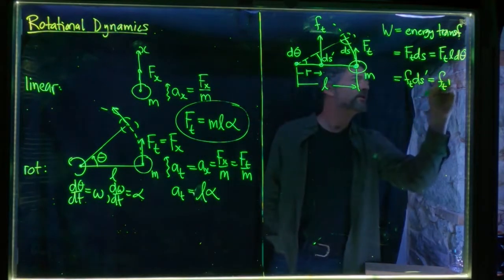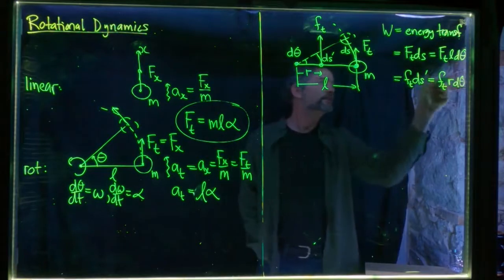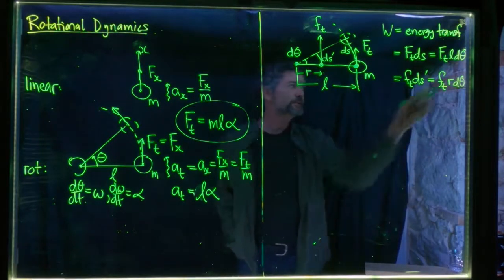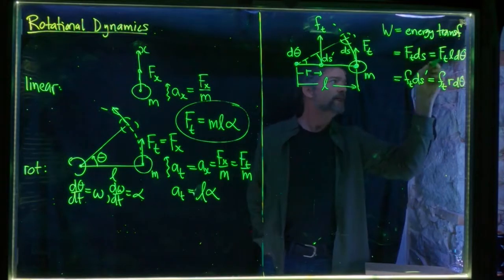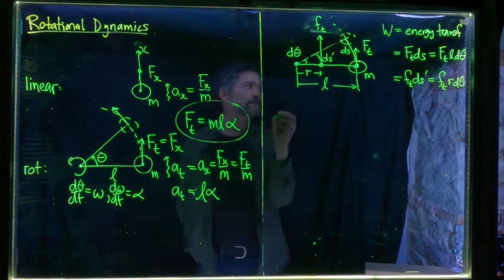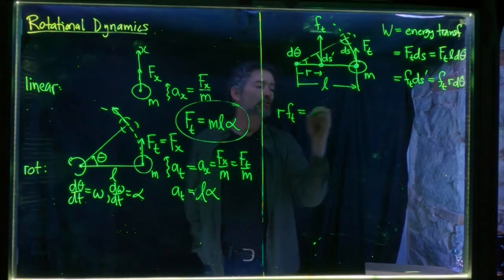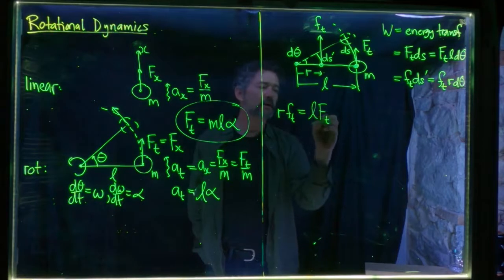So it's r times d theta. So we want to equate this to this. And what this tells us is that L times big Ft is r times little ft. So that's the important result. So r times little ft is equal to L times Ft.